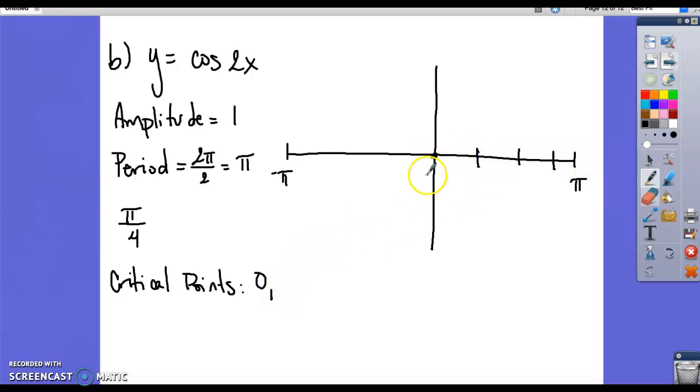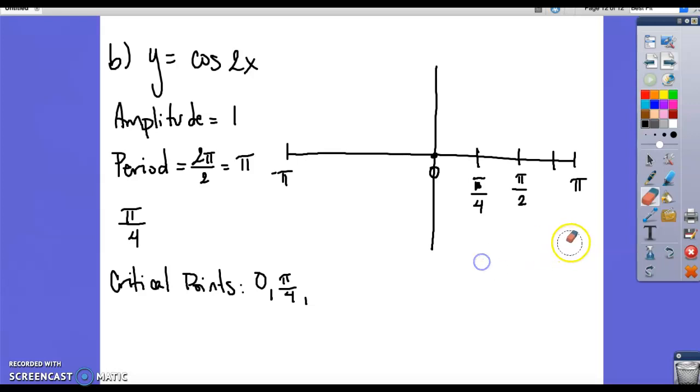That means this second critical point is going to be 0 plus pi over 4, which is just pi over 4. You don't have to write these down; I just am, to make it a little bit easier. Then my next one is pi over 4 plus pi over 4, which is 2 pi over 4, which is pi over 2.